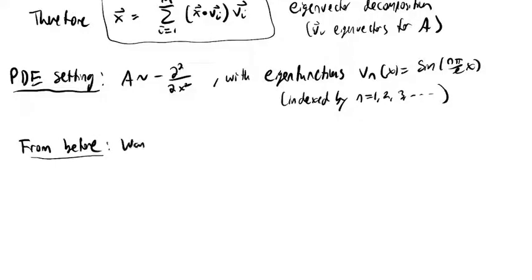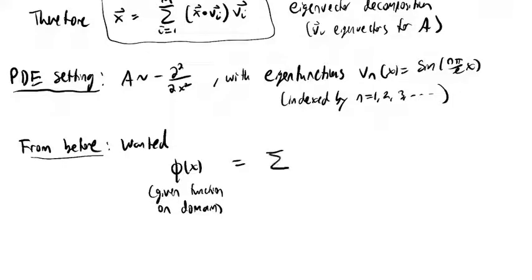We wanted phi of x, a given function on the domain of the differential operator, and we wanted to write phi of x as a sum from n equals 1 to infinity of some an times sine of n pi over L times x. I can simplify this and write it as vn of x, remember vn is sine of n pi over L times x.